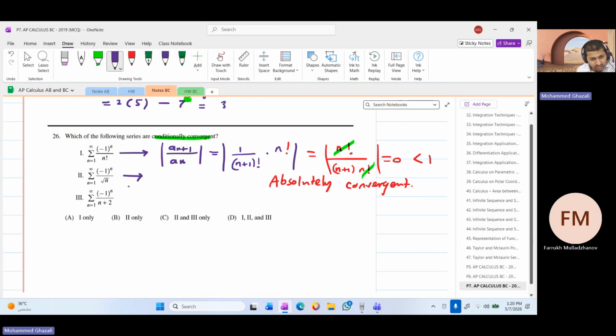You can see root n, we can say this is a P series because this can be written as 1 over n to the power half. So this is a P series, and with P equals half, it diverges.